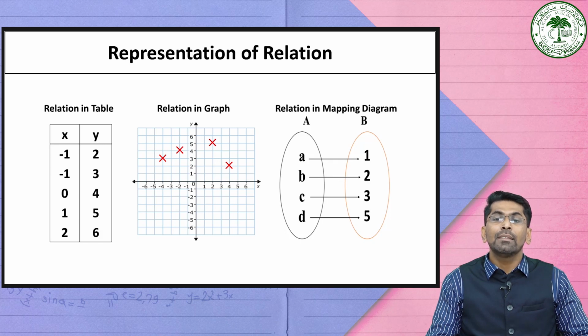The elements and their pairings are usually represented by points and arrows respectively. Here A is related with 1, so (A,1) is one pair, (B,2) is another pair, (C,3) is another pair, and (D,5) is another pair. So it is very clear that a relation between sets is a collection of ordered pairs containing one object from each set.